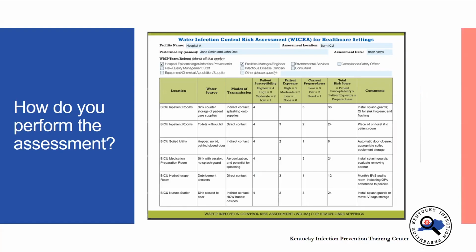So you'll notice it says install splash guards, QI for sink hygiene, and flushing, right? So while those are comments of suggestions, one could argue that there needs to be a little bit more behind that. Flushing when, by whom, with what, right? So this is to say this is my risk. This is the beginning of developing that plan.